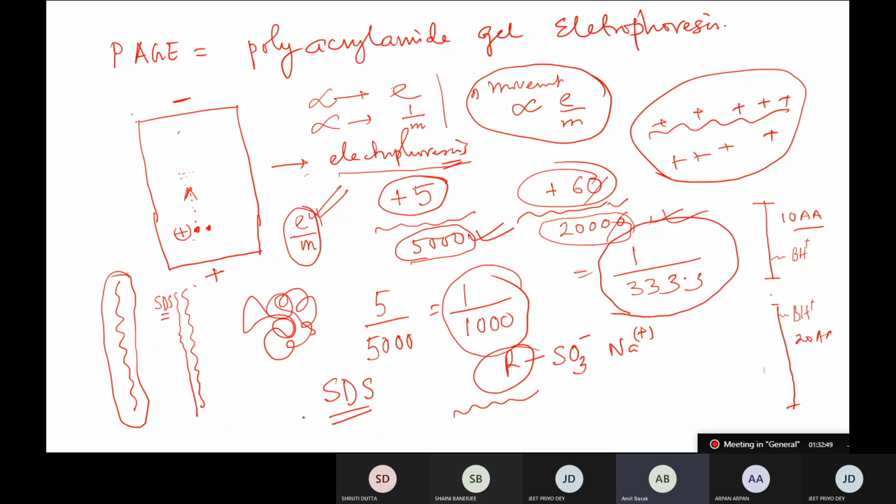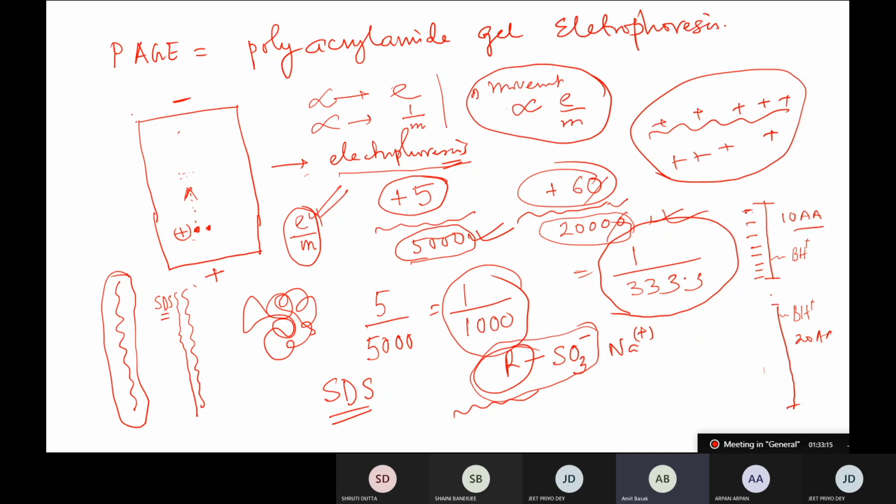But if you add SDS now, this molecule will be surrounded by SDS. SDS has a negative charge on one side and a hydrophobic part on the other. So the peptide will be surrounded by SDS throughout the surface.